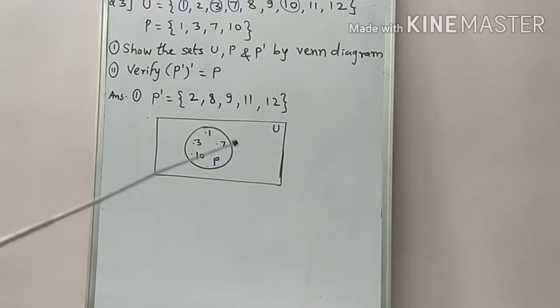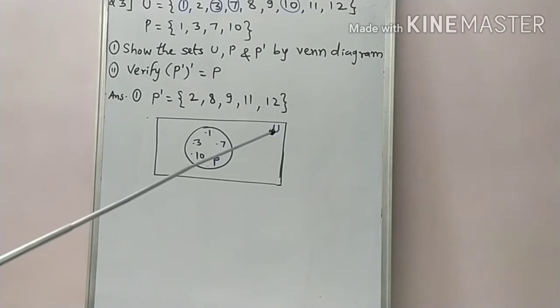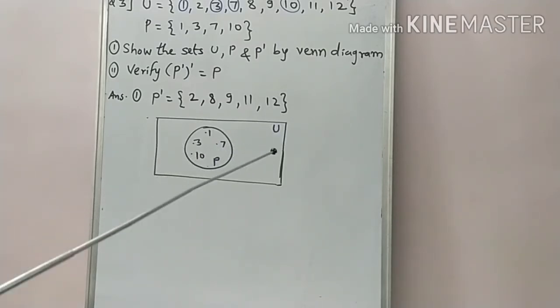Then we draw one circle inside that rectangle, name it as set P, and write the elements in P, that is 1, 3, 7 and 10. The remaining numbers which are not in P but in U, we write outside the circle.